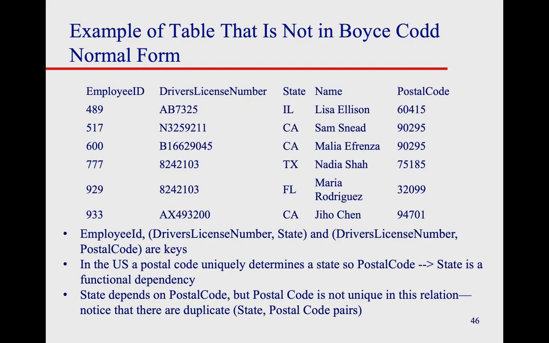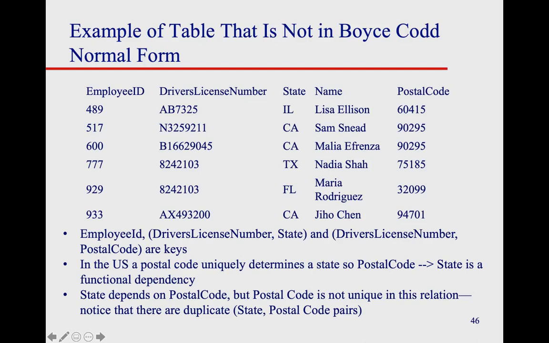At any rate, we have three candidate keys here, and we have one dependency among those candidate keys, which is that the postal code uniquely determines the state. So you'll notice that we have redundancies here in the postal code. Any place where two people live in the same postal code, there'll be a duplication of the state and postal code.